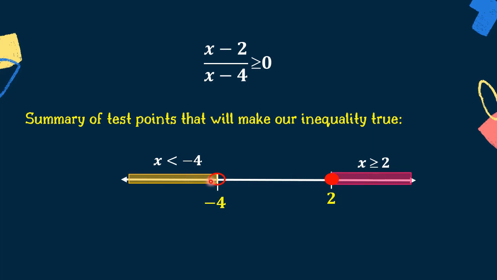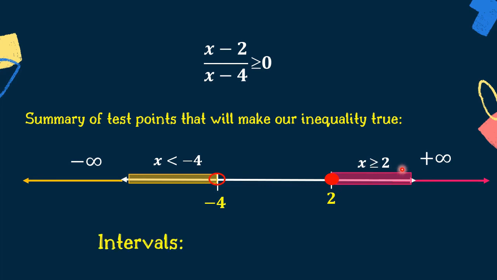Take note that if we extend the shading of this region, we have values of x toward -infinity, and also to the right toward +infinity. There are unlimited positive values to the right, and also unlimited values to the left which are less than -4, and to the right greater than or equal to +2.